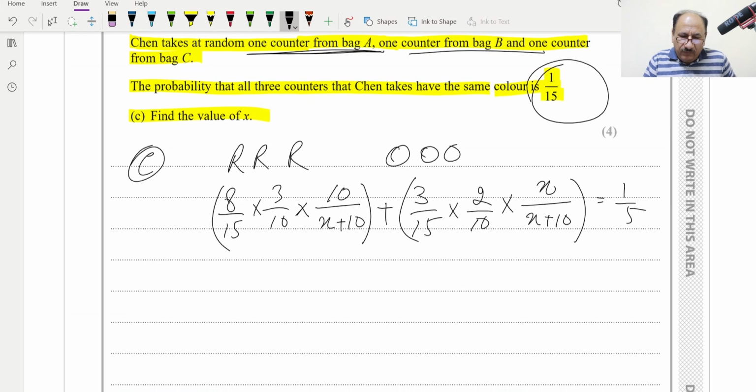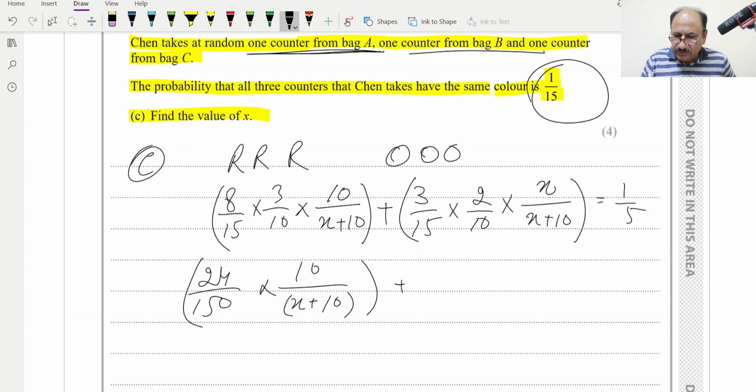And now we can simplify this. This will be 24 over 150 into 10 over X plus 10, plus this will be 6 over 150 into X over X plus 10, and this is equal to 1 over 5.